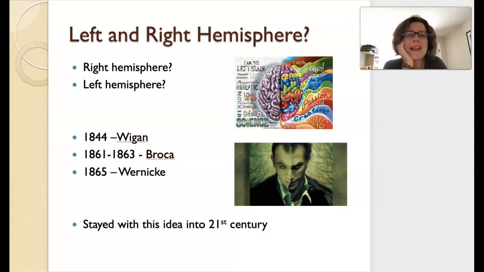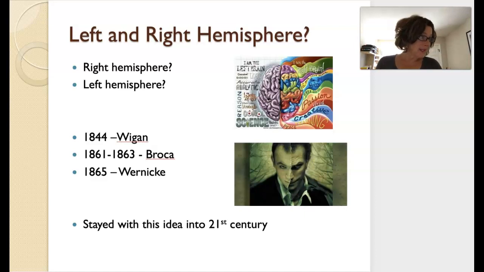I'm logical, I'm analytical, I'm mathematical, I'm not very creative. Or you might say, I'm a right brain kind of person. I'm passionate and I'm creative and I'm musical and I'm artistic. Actually, it's kind of more become a cultural thing to say that versus an actual neuroscience based concept.